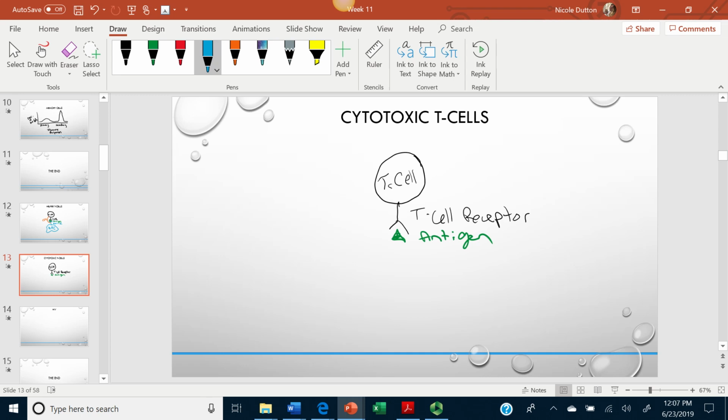But this time, the antigen is presented by MHC class 1 of an infected self cell.